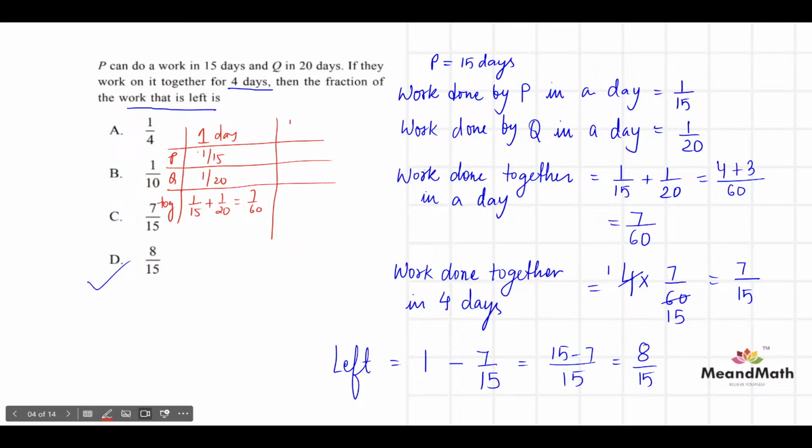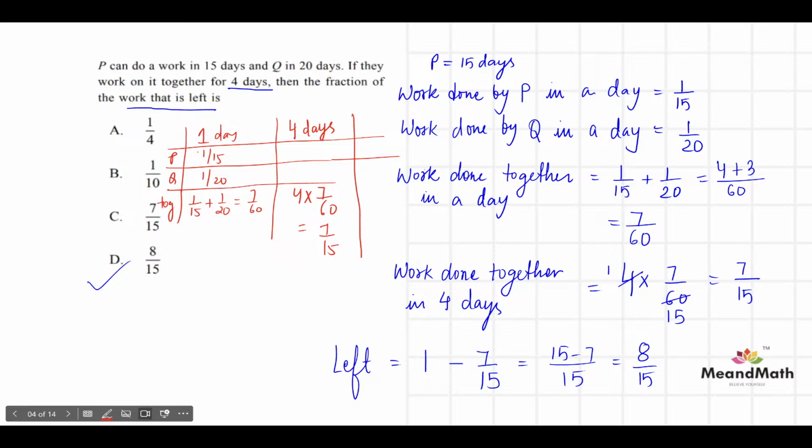In 4 days, what that would be? We are talking about together things, so we are just going to be making it 4 times of what it was. So 4 times of 7 over 60. This is what we have got, which is equal to 7 over 15, right? Now we have to find out work left.